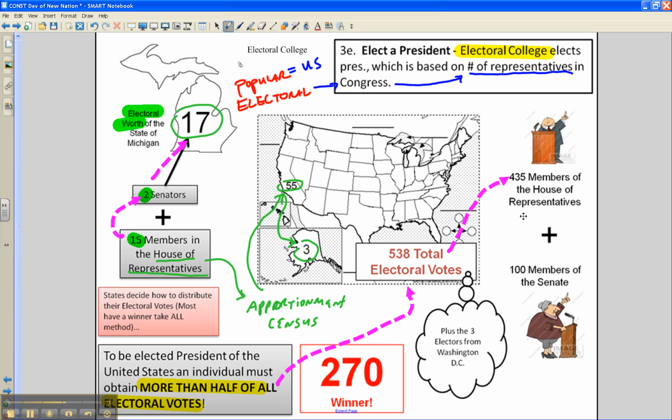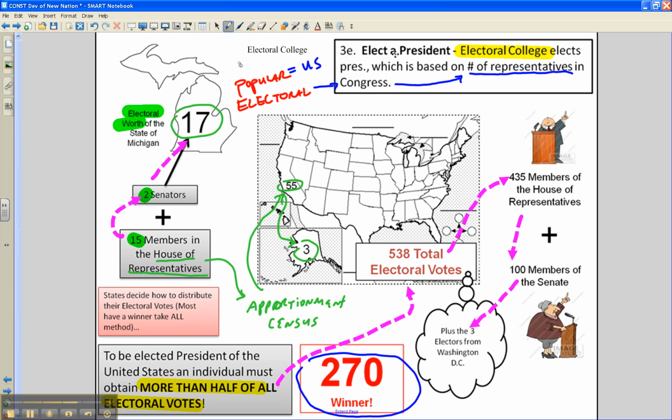We add that number to the 100 people that are in the Senate. That gives us 535. That's still not 538. Here's where the other 3 come from. Washington, D.C. is worth 3 electoral votes. That's how you end up with 538. Now, more than half of 538, as seen down here in the middle, is 270 electoral votes. Whatever candidate has over that amount and more than anybody else will become the next president of the United States.